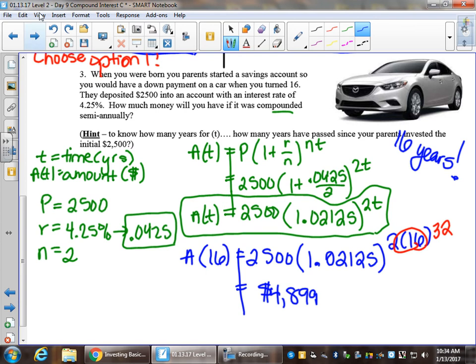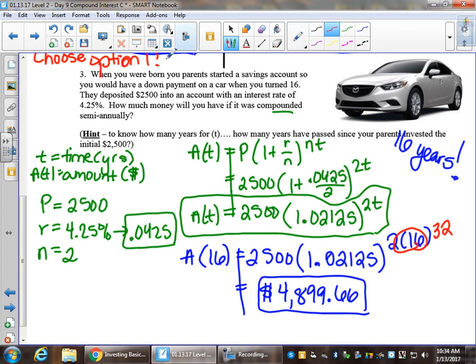It's a little messy. $4,899.66. Check that out. So by depositing this much, how much did they put in the bank? Over 16 years, their $2,500 almost doubled. And that's now what's in the bank for your car.